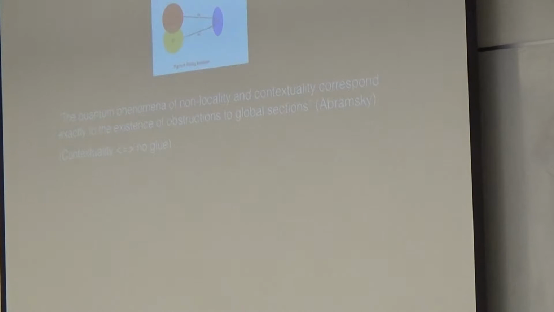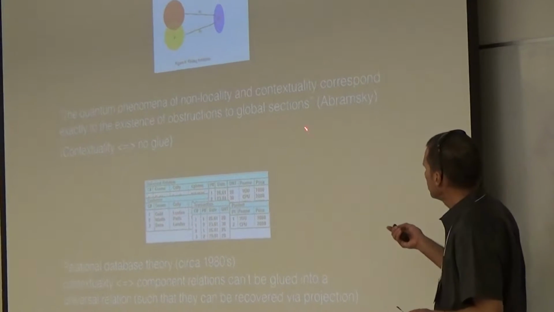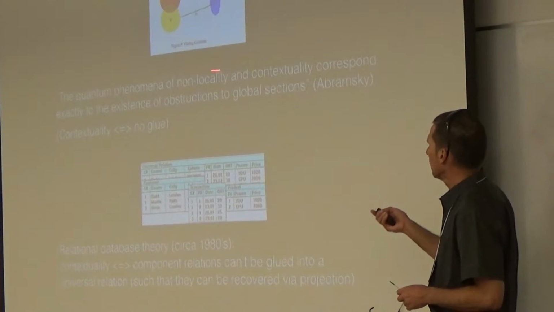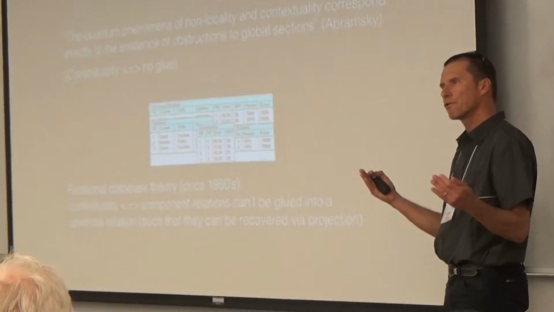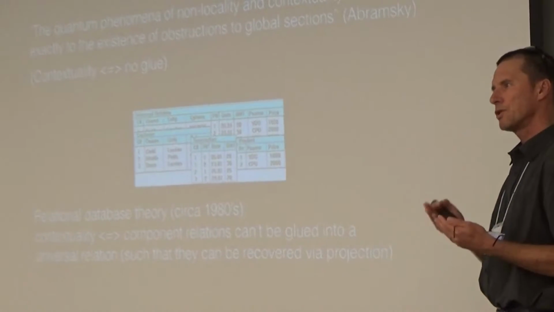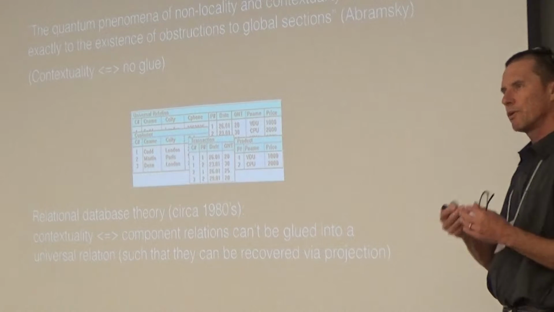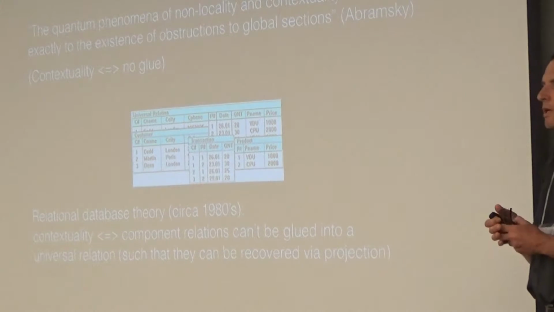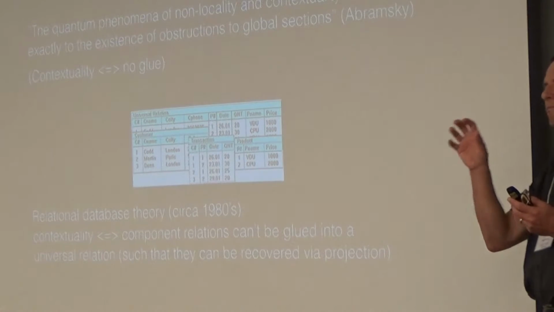Now, one of the things that Samson did was show that this particular abstract definition of the problem is present in a number of different contexts. As he's got a background in computer science, he noticed that in the 1980s there was this problem when relational databases were being developed, where you have a database that contains a number of different tables.